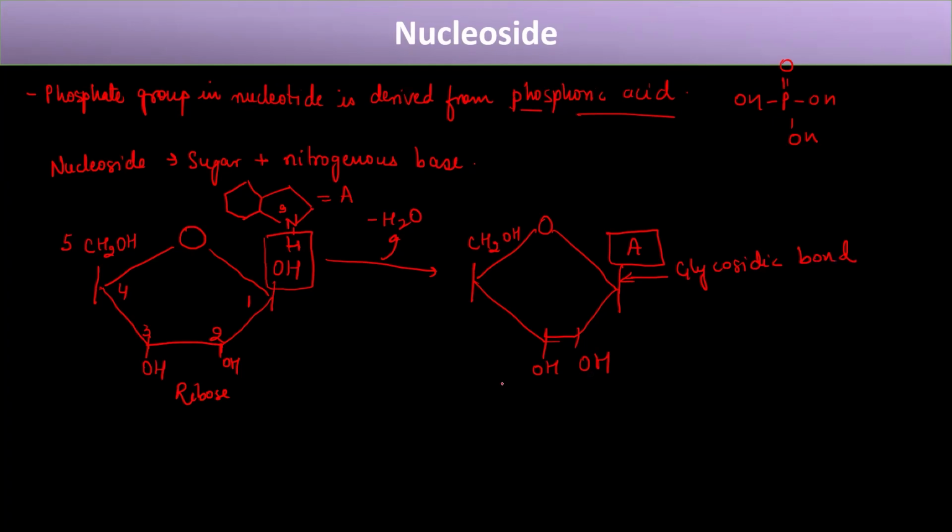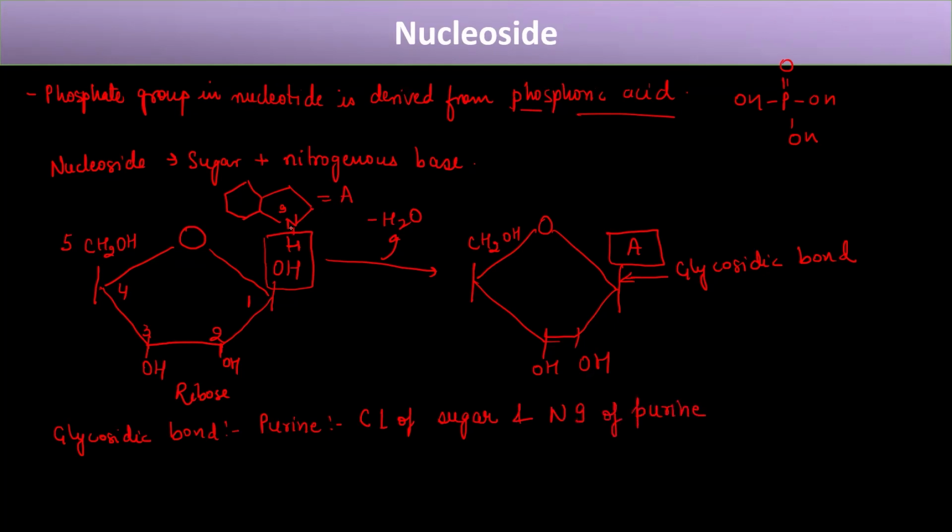So what we have seen here is that it was a purine. In the case of purine, the glycosidic bond forms between which atoms? The bond is forming between carbon 1 of the sugar and nitrogen 9 of the purine.